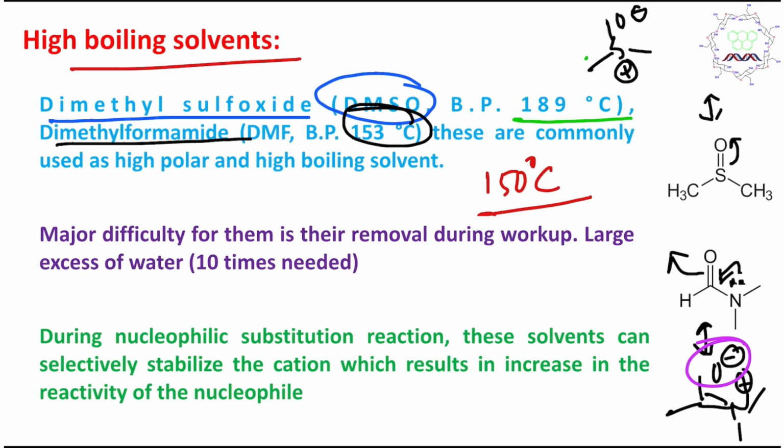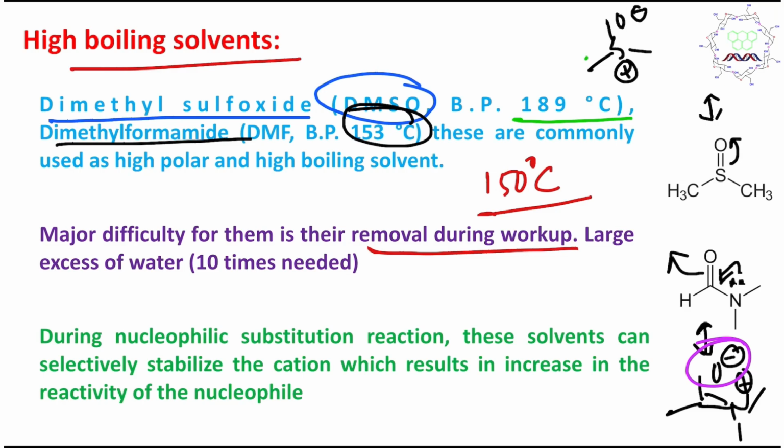But if you do any reaction using DMSO or DMF solvent, it creates an additional problem during the workup or removal of this solvent, because generally we use a rotary evaporator, and it can, I guess, remove DMF, but it can't remove DMSO efficiently. So that's a big problem, how to remove this DMSO. Not only that, if you give higher temperature for evaporation of the solvent, there is a chance that your compound in the reaction medium may degrade.